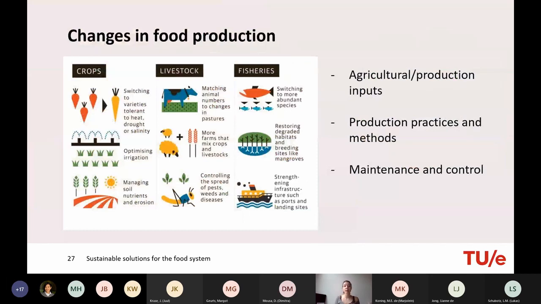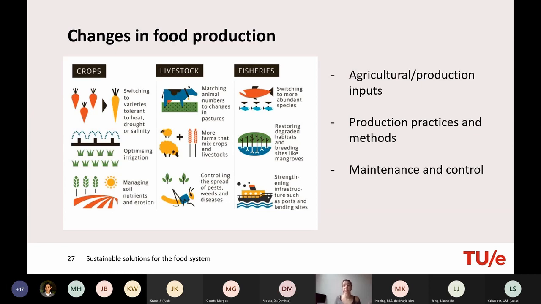There's ways that we can change, for example, our food production by changing the agricultural production inputs, such as switching to different kinds of species, optimizing irrigation, and managing the soil, nutrients and erosion a bit better. So we're focusing on different types of varieties that we will use in our production settings.